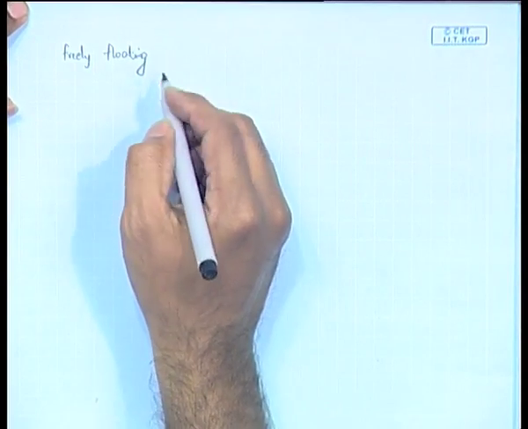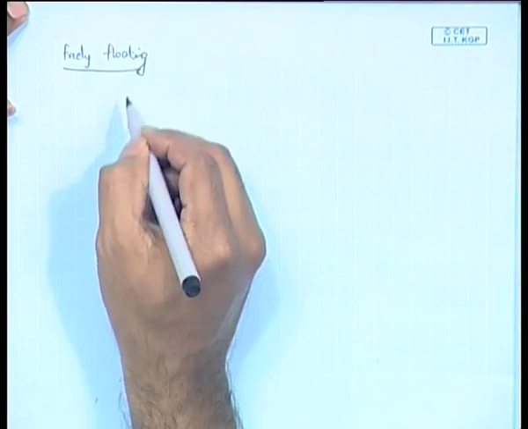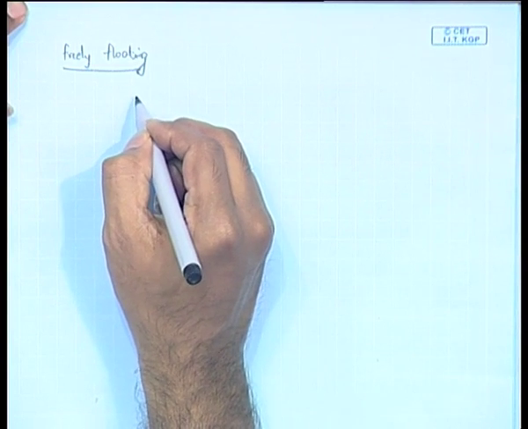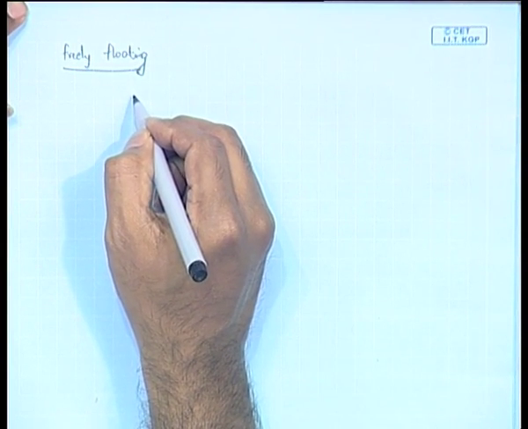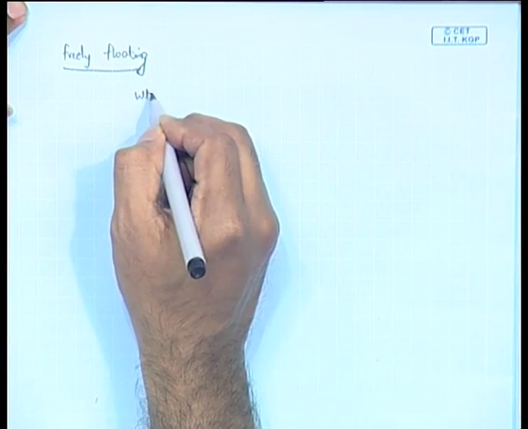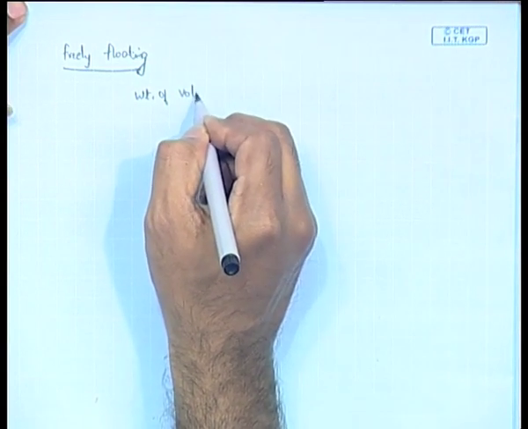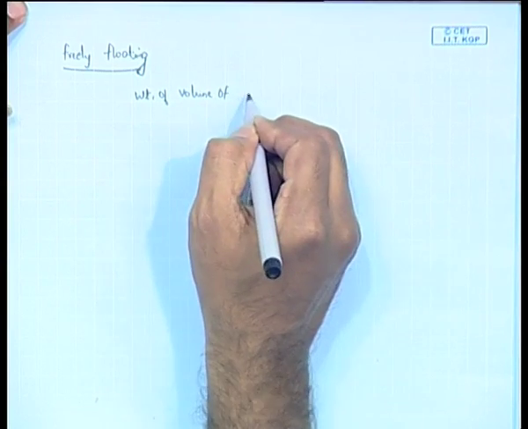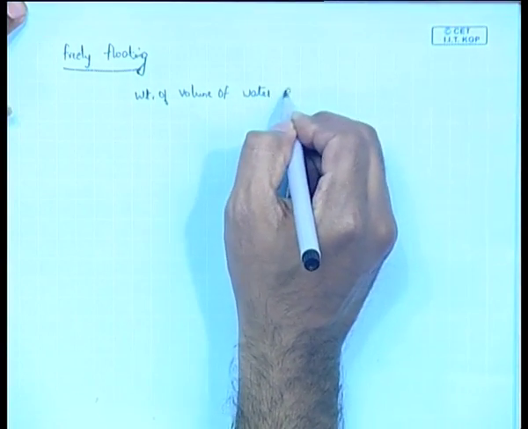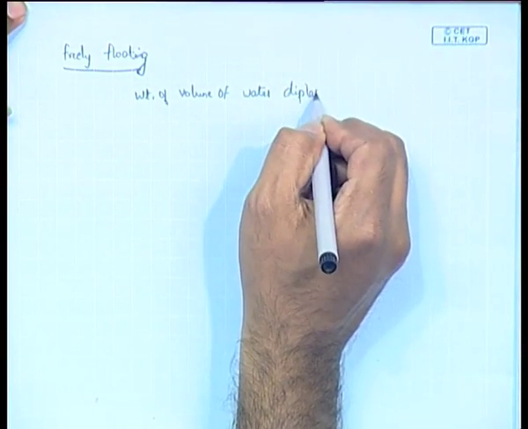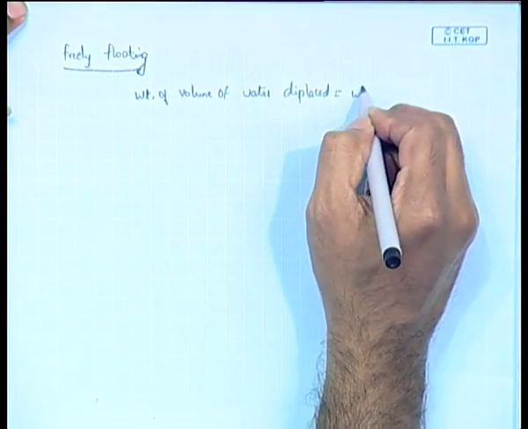So if you have a body that is freely floating, then the principle says that the weight of the volume of water displaced equals the weight of the body.